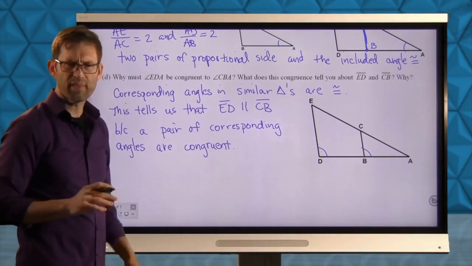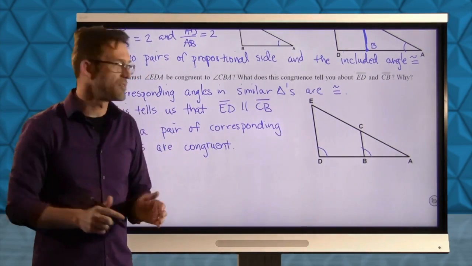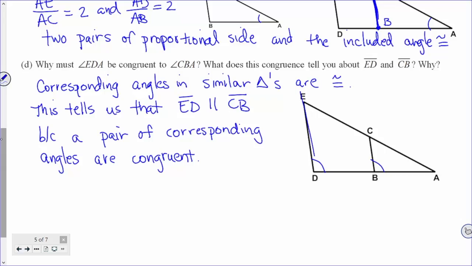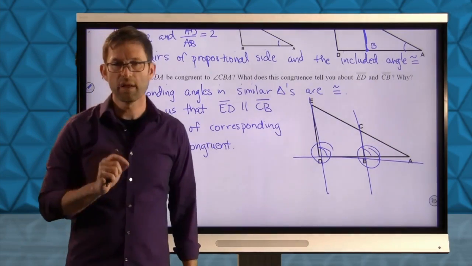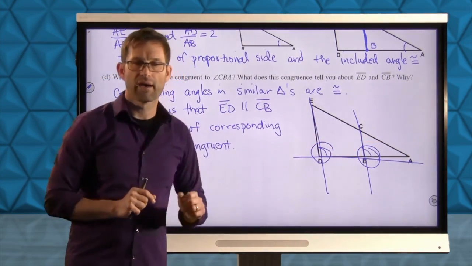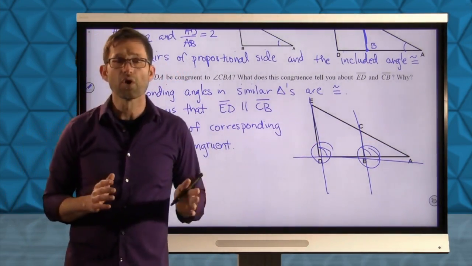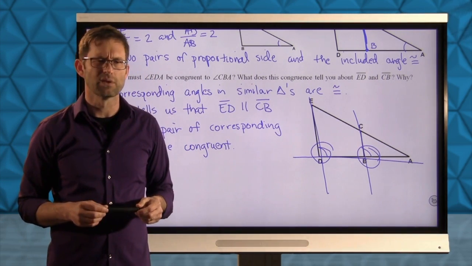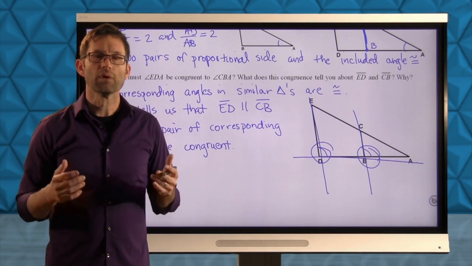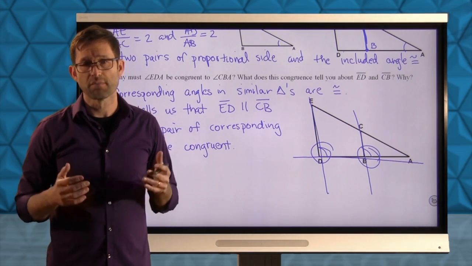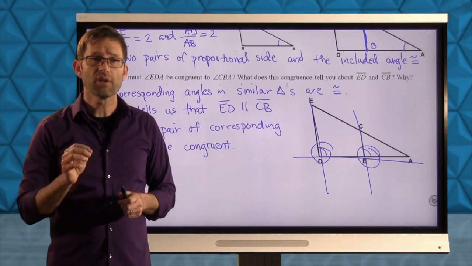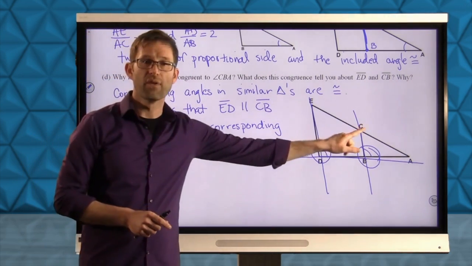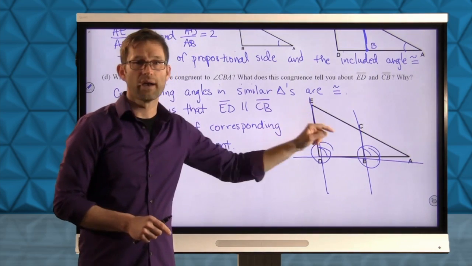Right? That whole business where if I've got 2 lines crossed by a transversal and a pair of corresponding angles, angles in the same spot, are equal, then those 2 lines have to be parallel. Believe it or not, this goes all the way back to a problem we did back, I believe it was in Unit 4, maybe it was in Unit 5, when we were looking at quadrilaterals and parallelograms, and we specifically looked at what happened when you connected the midpoints of 2 sides of a triangle.